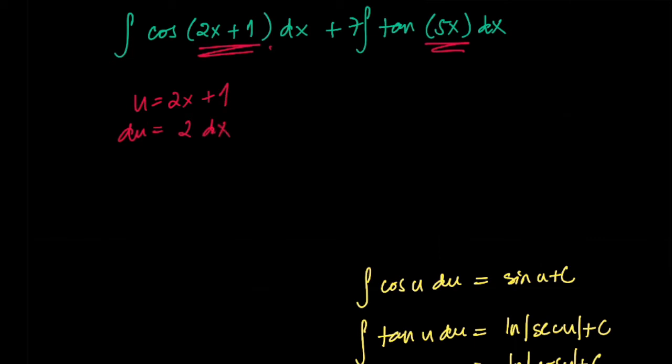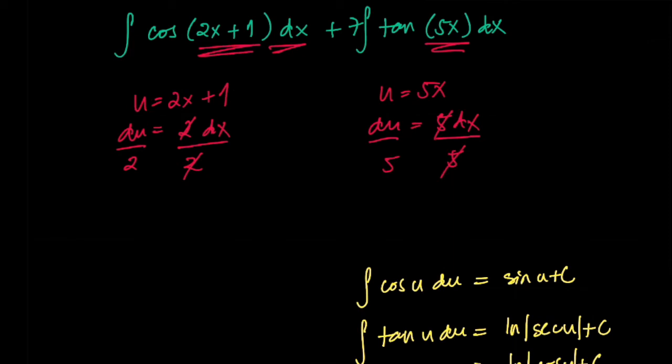Since there is no 2 here, divide both sides by 2. So cancel. So dx is du over 2. And for this second part, our u is 5x, our du is 5 dx. So there is no 5 here, so divide both sides by 5.